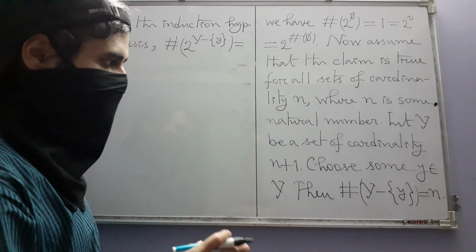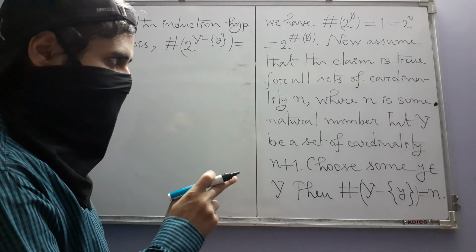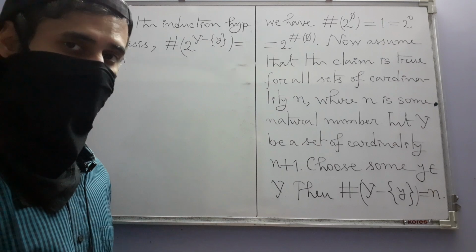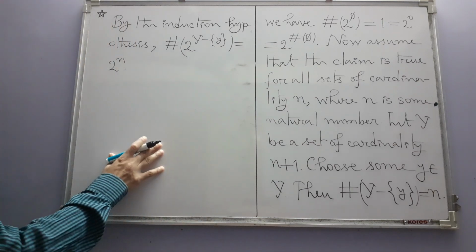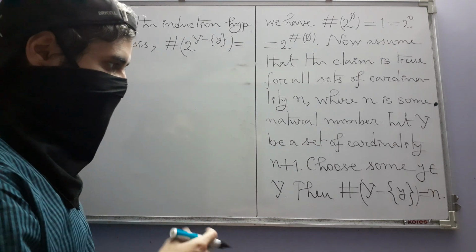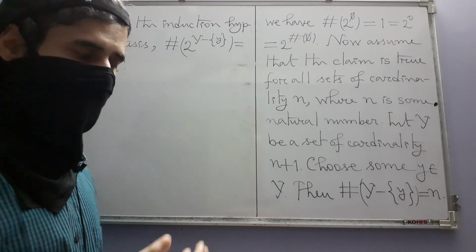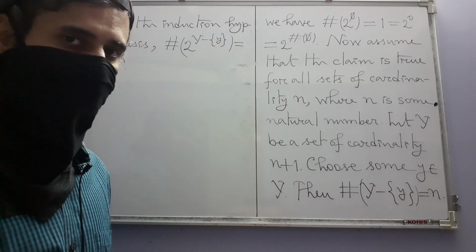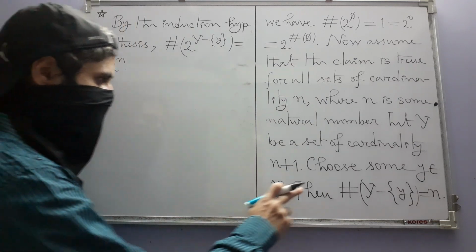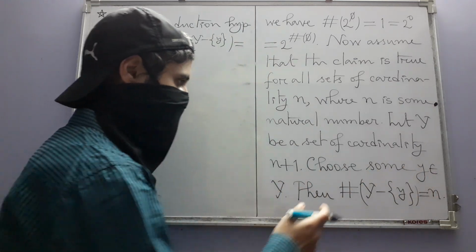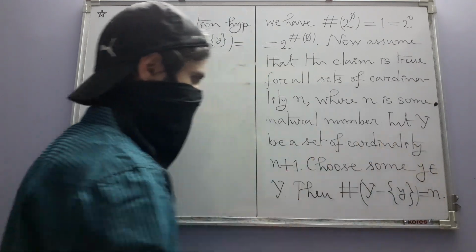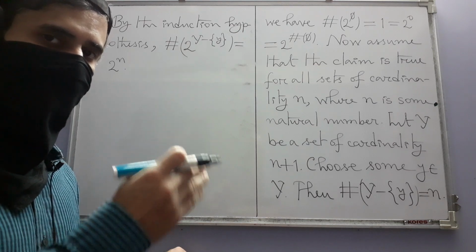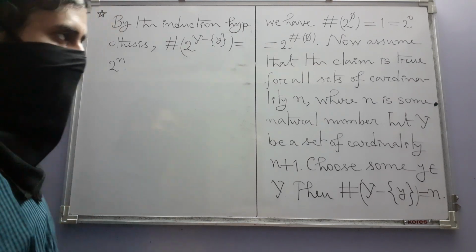But we want to prove that the cardinality of the power set of the entire set Y is 2 to the power n plus 1. So that means what is the power set of Y? Its elements are precisely all the subsets of Y. Now, depending on a condition involving this element small y, those subsets can be divided into two classes. Let's see how.